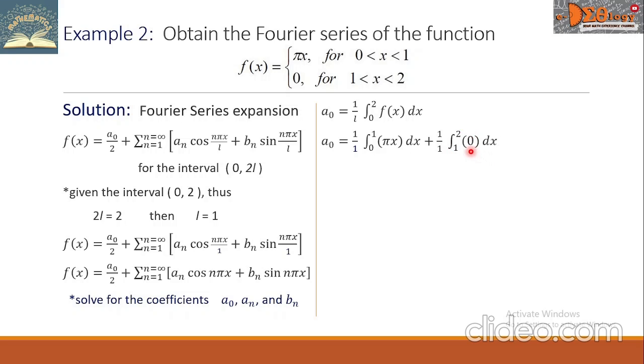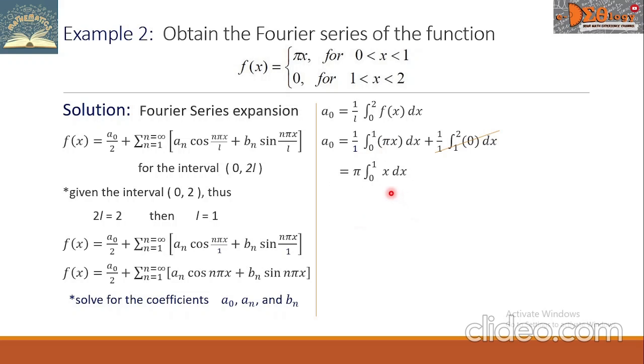Because the function 0 is here, we can cancel this out. It means we will solve for the value of a sub 0 based on the first integral only. 1 over 1 is simply 1. We can remove this, and we can put the constant pi outside the integral symbol.